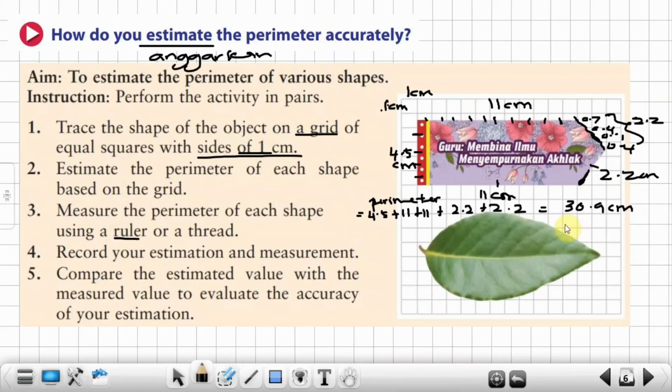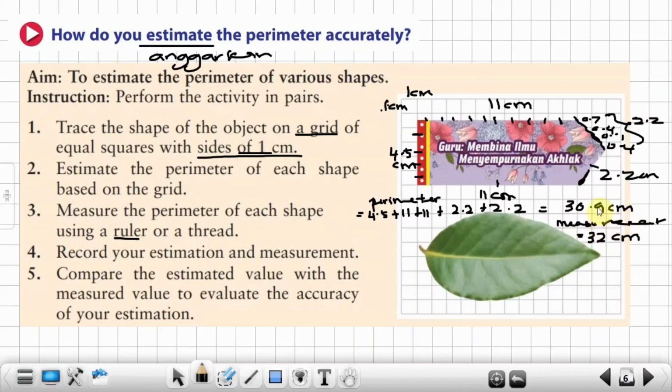Let's say when you measure this banner with a ruler, you got the real one is 32 cm. So you compare lah.